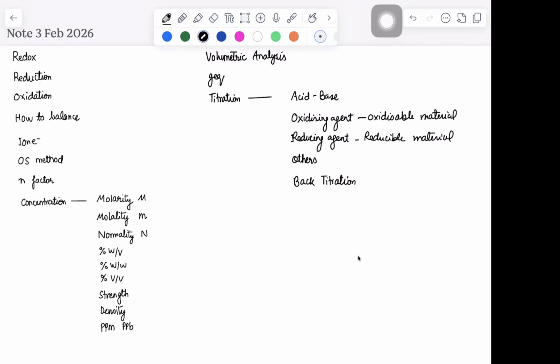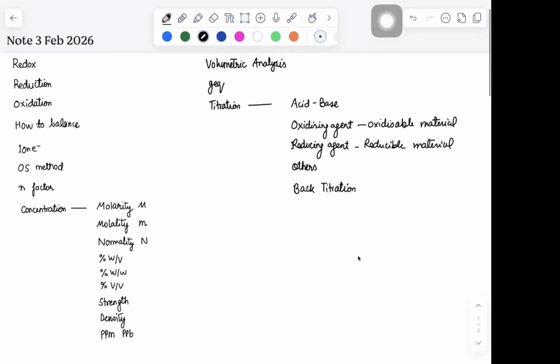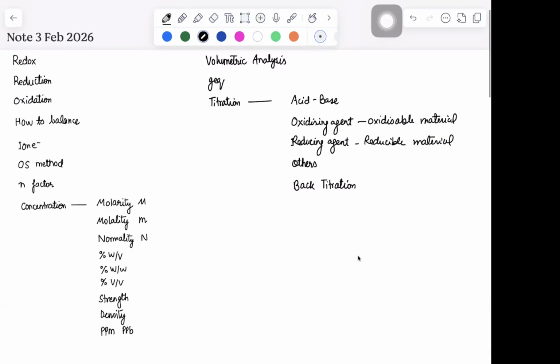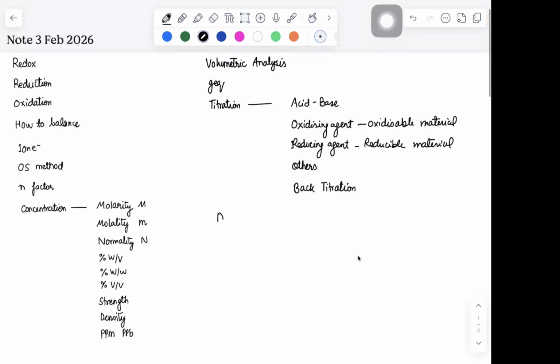Then once you do this, even at this level only, comes the concept of dilution and sampling. What is the impact of dilution and sampling on different concentrations, gram equivalents, what will happen, what will not happen, all those things I should know.